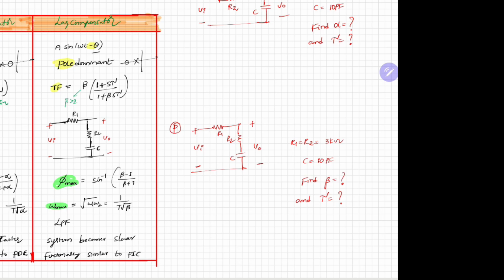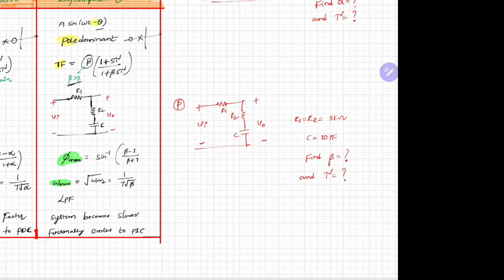In lag compensator, beta into (1 plus s tau) by (1 plus beta s tau), that beta value should be greater than 1. It is one of the important conditions. So I'll let you know how to solve for alpha and tau, maximum frequency, and maximum phase. I'll solve 1-2 questions like that over here.